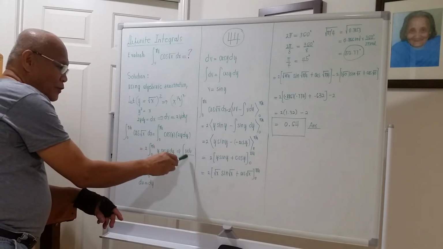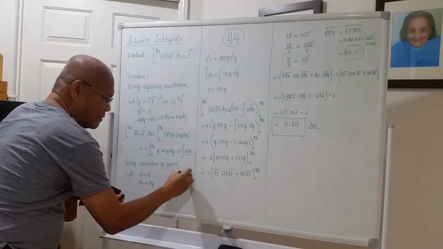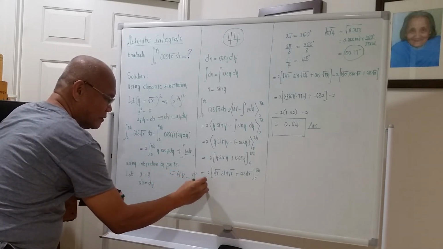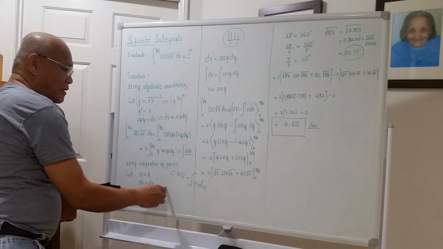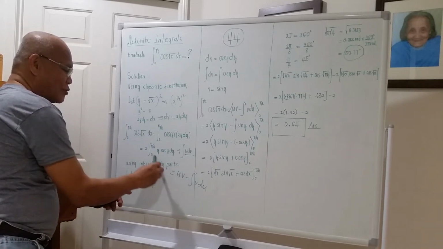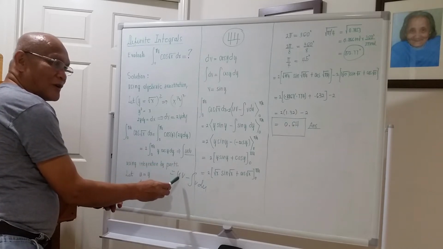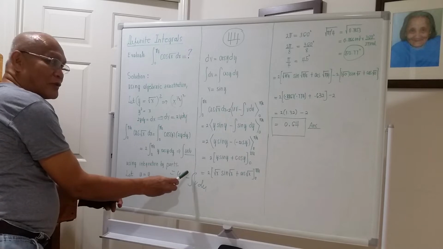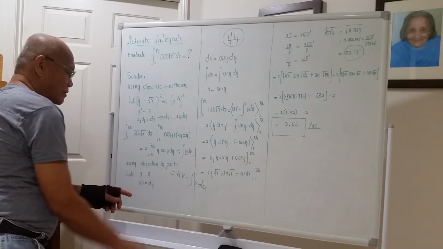That the integral of u dv is equal to uv minus the integral of v du. So the meaning of this formula is that for us to integrate this one, we must compute the value of u and the value of v minus the integral of v du.